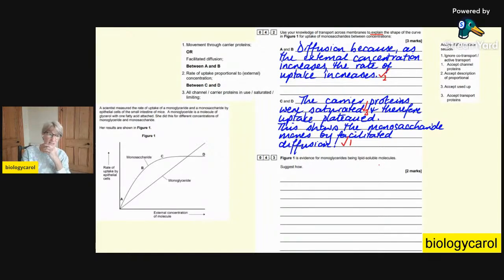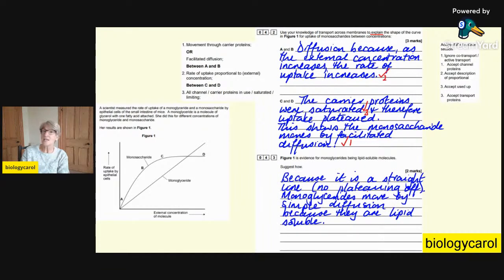Well, it's because simple diffusion is happening, and it is a straight line. There is no plateauing off. As the external concentration increases, the rate of uptake also increases, because the concentration gradient between the outside and the inside of the cell steepens, and therefore the rate increases.